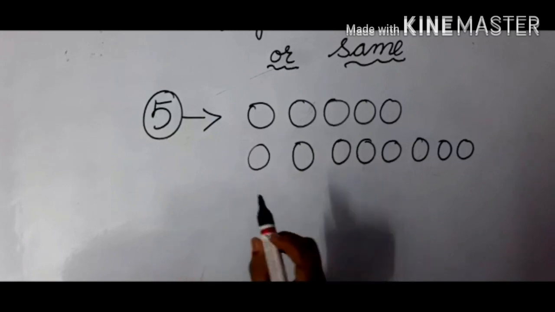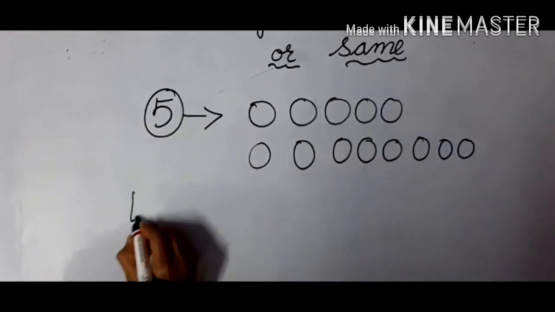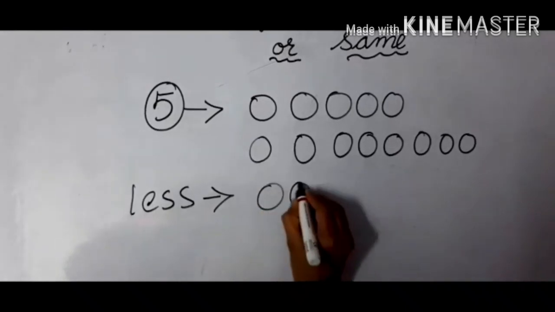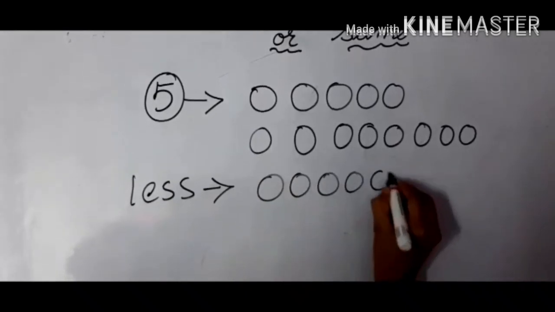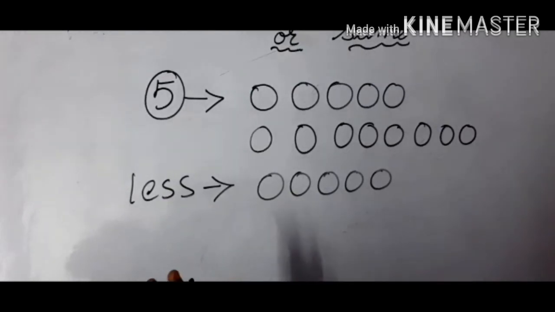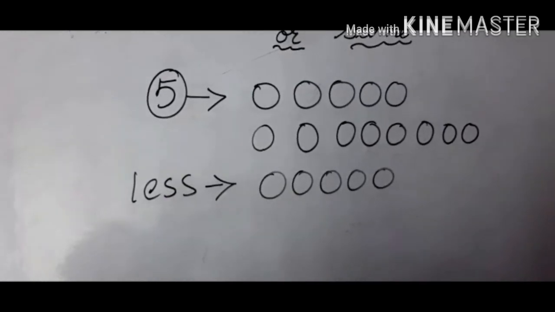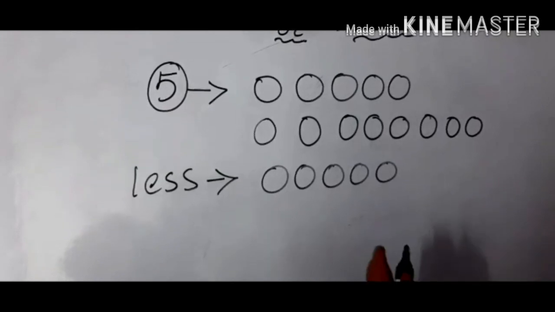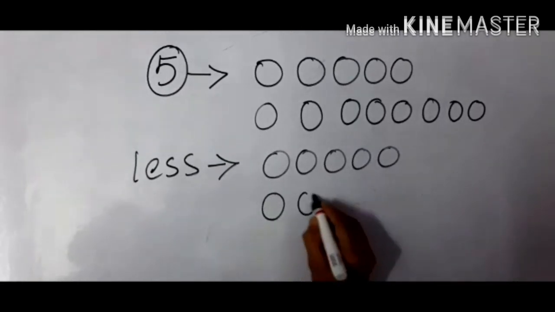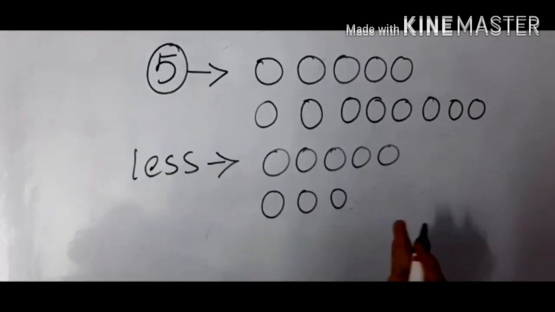Let us make less than 5. First we have to take 5. Less than 5 means the numbers which are before 5, like 0, 1, 2, 3, 4. These are less than 5. So you can take either 1 or 2 or 3 or 4.